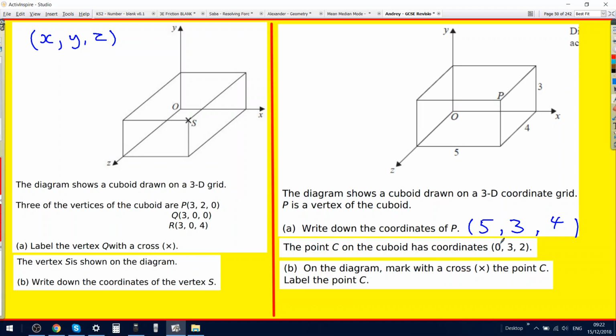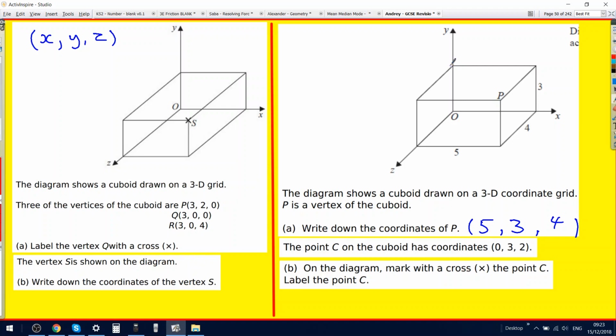So you start at the origin. So you go 0 along the x. So you stay where you are. Then 3. What would you do there? So you'd go up to the corner of the cuboid. So you're on the edge of the cuboid now. Yeah. And then you go like 2/5 of the length of the cuboid here.